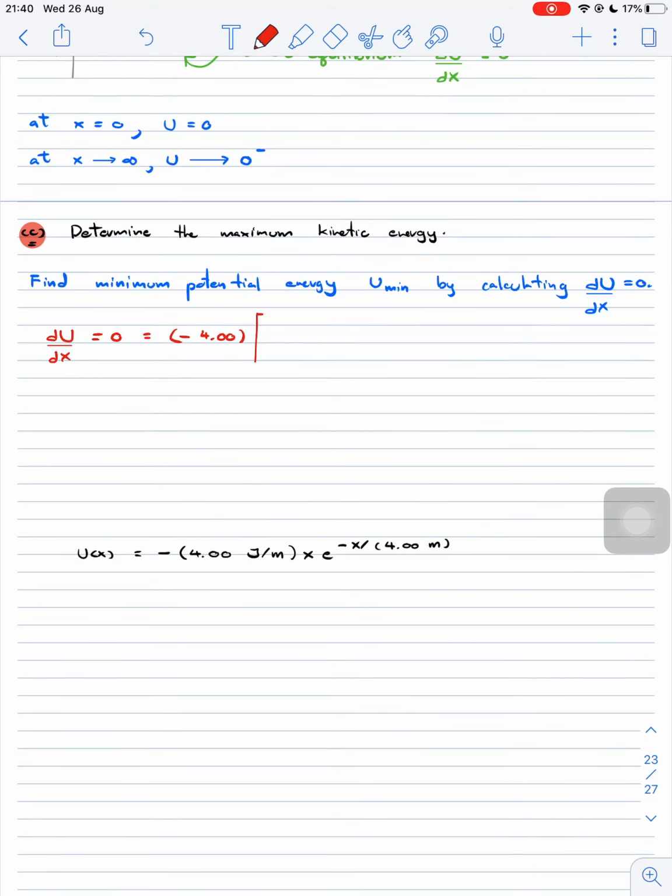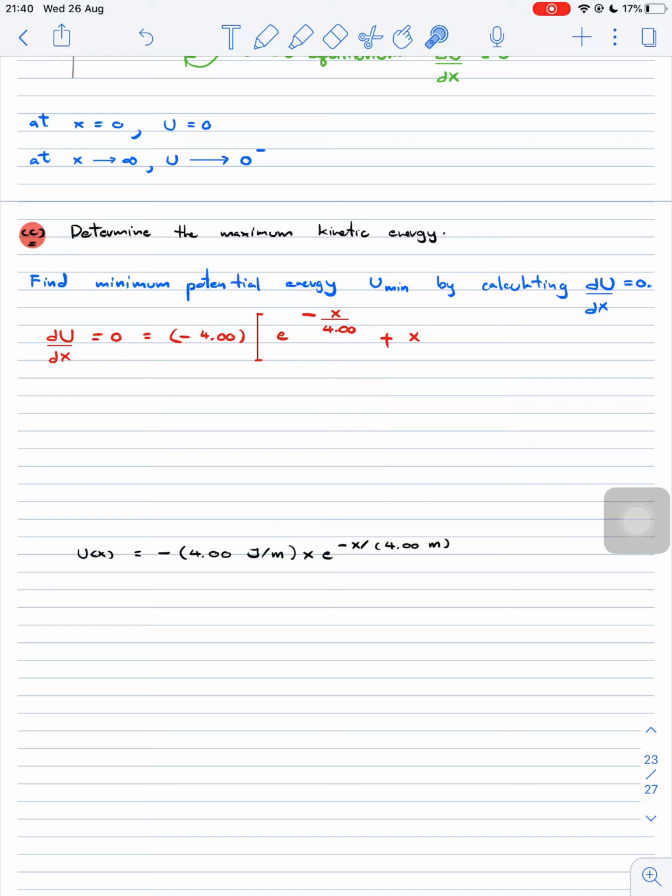Now for the first term, we have these terms multiplied with this term. Then the derivative of x equals 1, and then we have only this one: e to the negative x over 4.00. Now plus, we just leave the x as it should be.